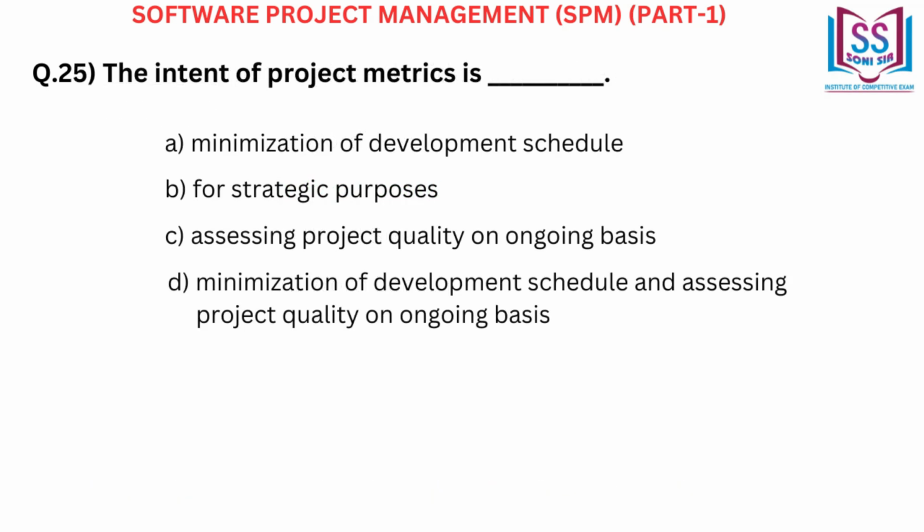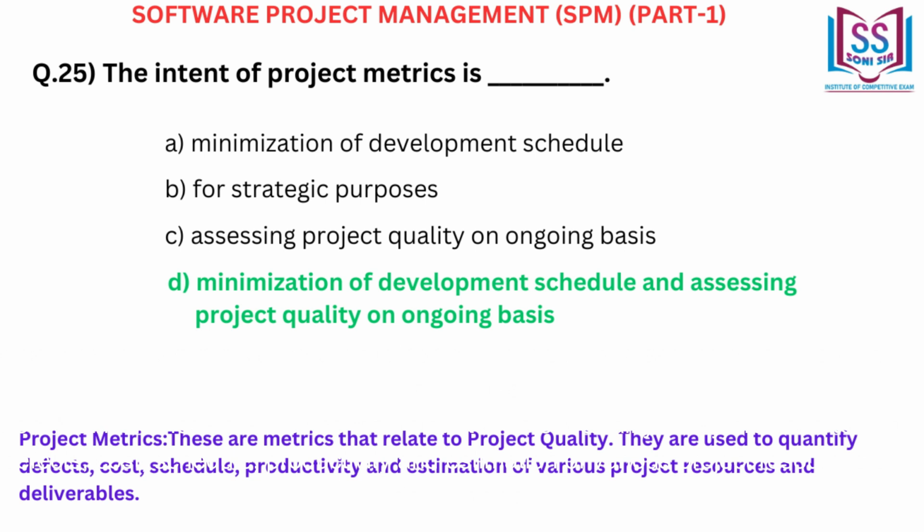The intent of project metrics is dash. A. Minimization of development schedule, B. For strategic purposes, C. Assessing project quality on ongoing basis, D. Minimization of development schedule and assessing project quality on ongoing basis.